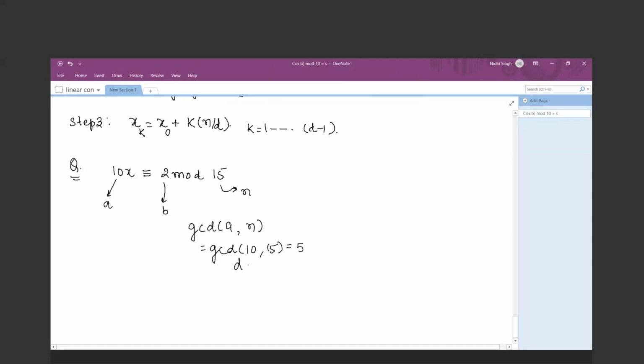So the value of D is 5. Now check whether there is a possibility of the solution or not. Does B divide by D or not? B is 2. The value of D is 5. So there is no division. So that's why no solution is possible. You have to just write down no solution is possible. That will be your answer.